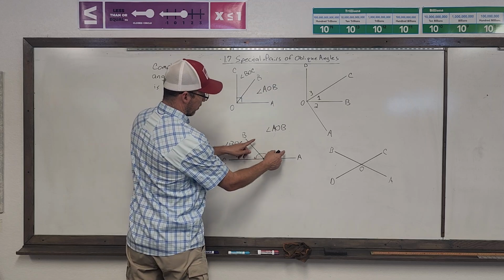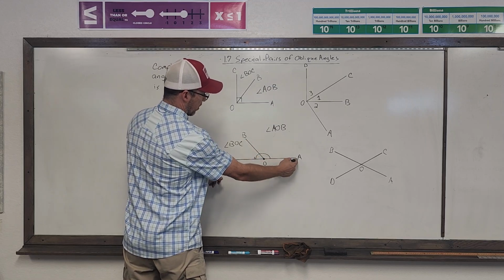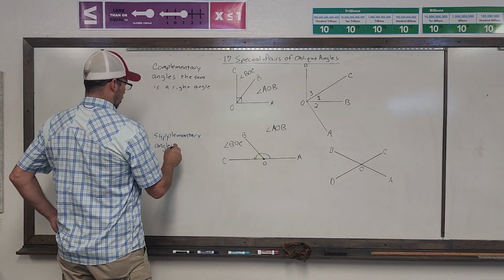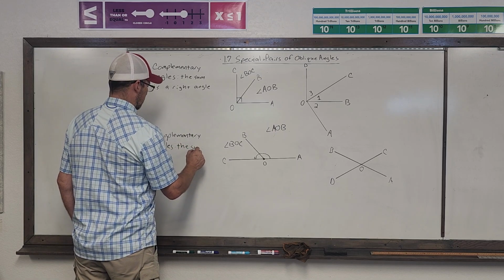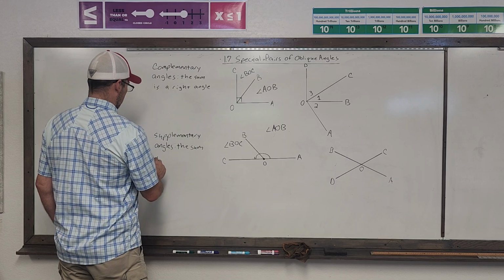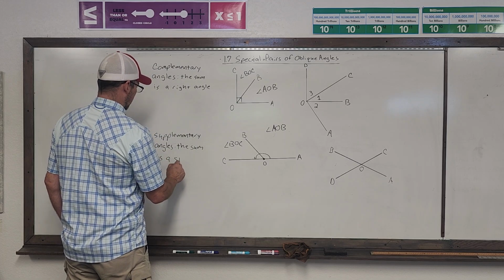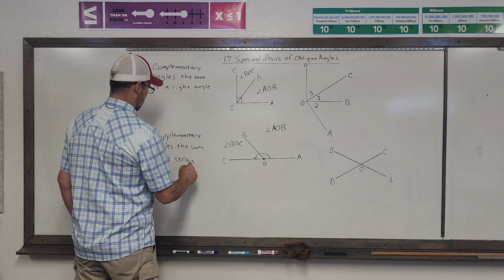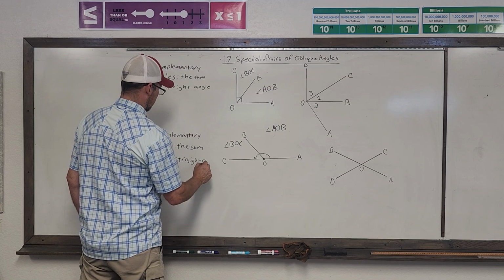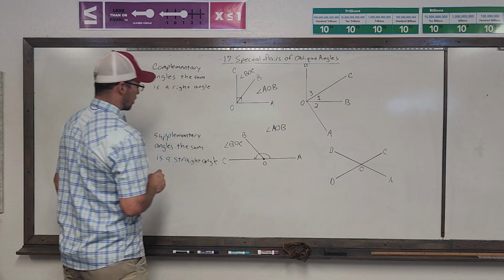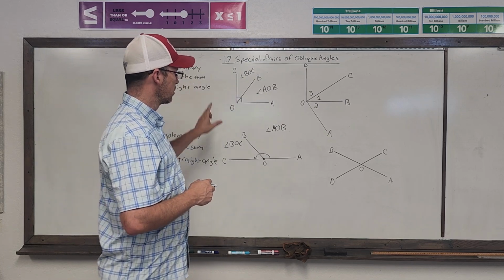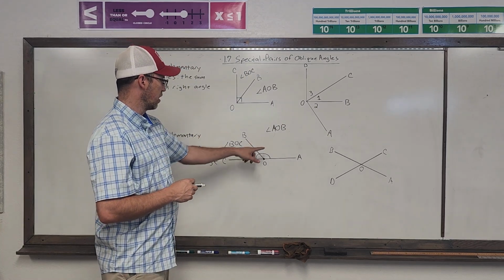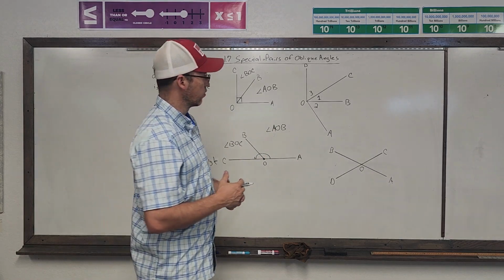When I add this angle plus that angle, they add up to be a straight angle. So the sum is a straight angle. Complementary angles add up to be 90 degrees or a right angle. Supplementary angles add up to be 180 degrees or a straight angle.